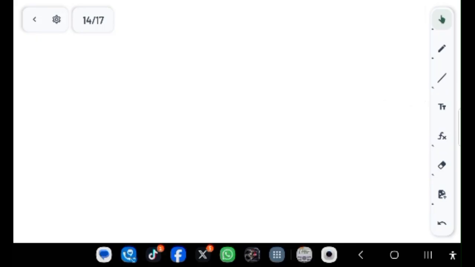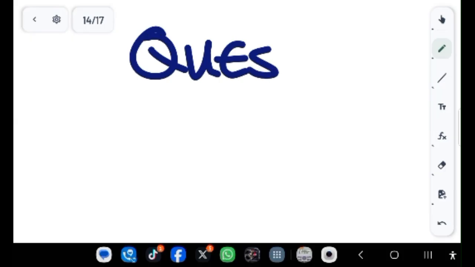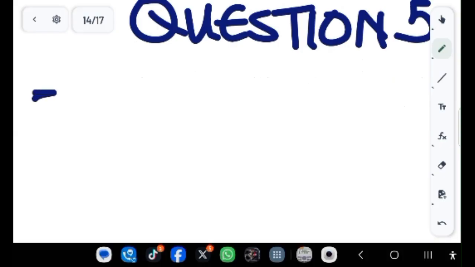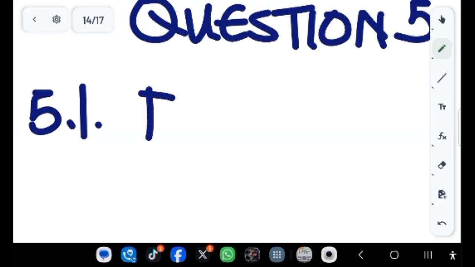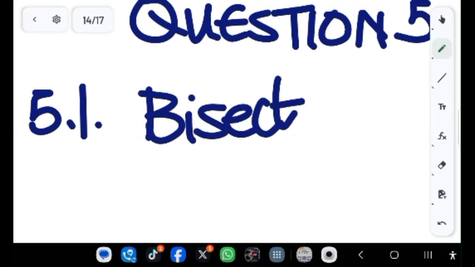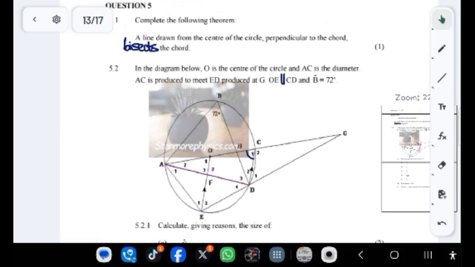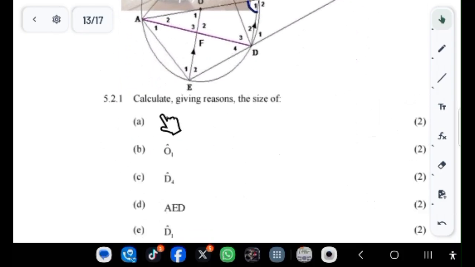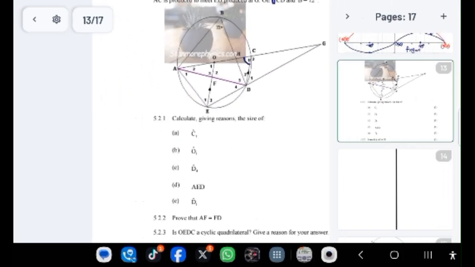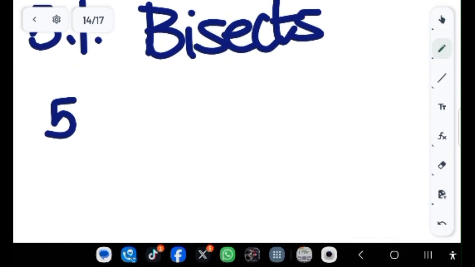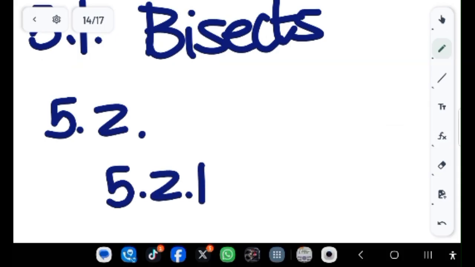This is question 5. That was 5.1, it's bisects. Then 5.2.1a.